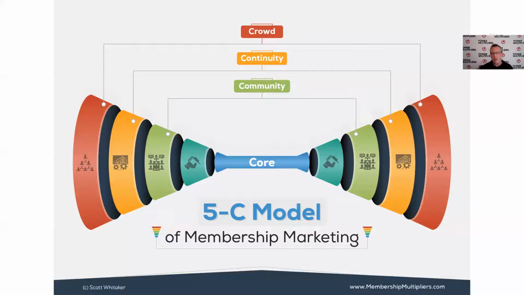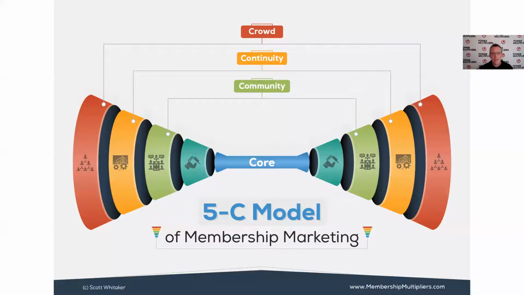So what if you considered every single email, every single communication, every single newsletter, every single mailing, everything that you do to communicate with your members, to get them from your continuity into your actual community, to where they start saying, I'm a member of. They start feeling like they belong in your membership. They start identifying themselves as a member of your community.